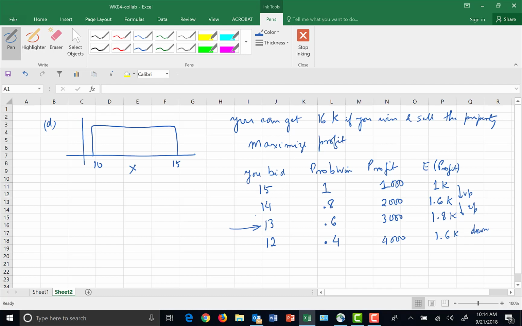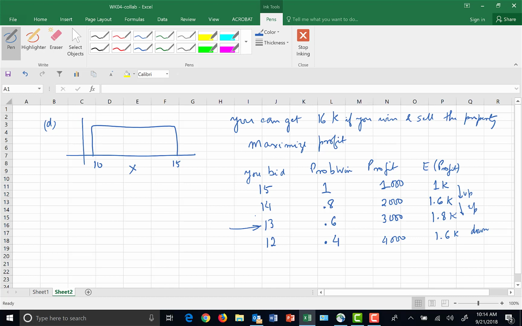Now if you're a very risk averse person, then you might say, hey, I prefer to make a bid of $15,000 because I'm guaranteed $1,000. But there is a model in economics called rational expectations. If you compare these different bids, economists would tell you that you should bid $13,000 because your expected profit is higher, meaning you're not absolutely certain of winning, but if you do win, you'll make that much more, $3,000 profit.